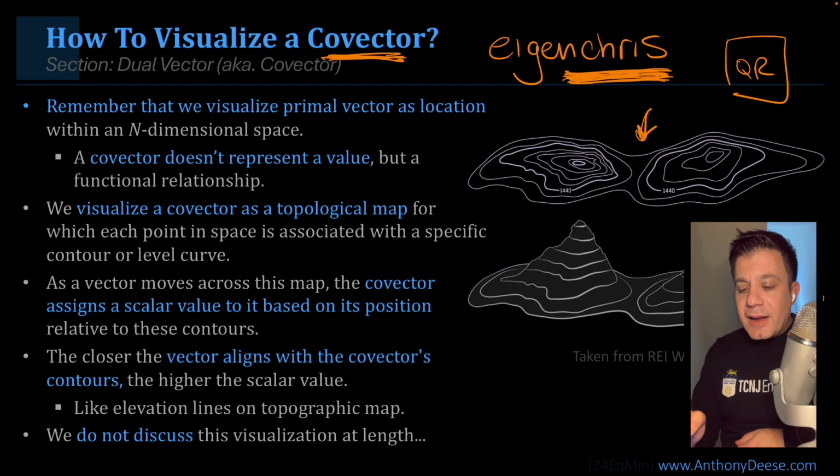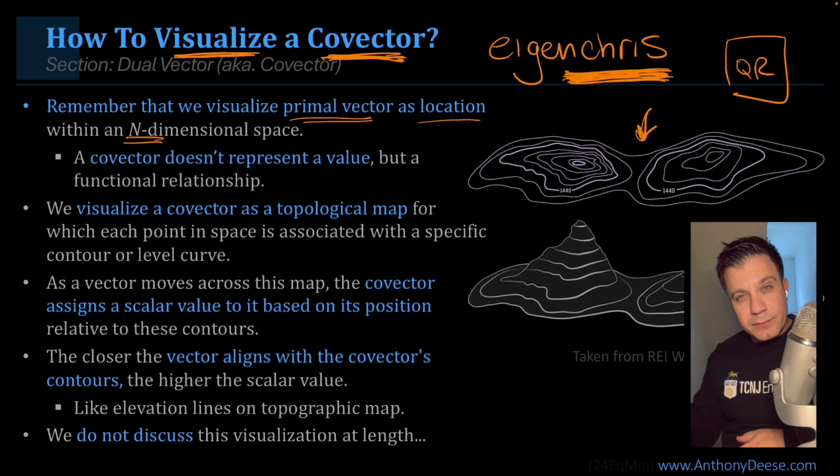Okay, so let's give a very brief overview of how to visualize a covector. Remember that we visualize primal vectors as a location within an n-dimensional space. We talked about this a couple minutes ago. The primal vector represents a value, some value in an n-dimensional space.